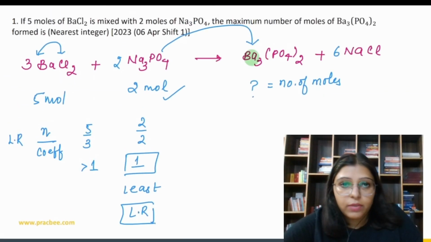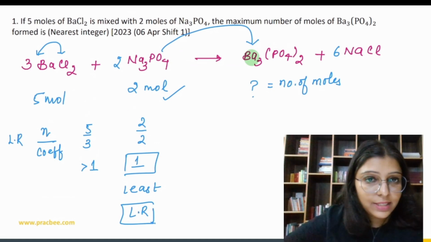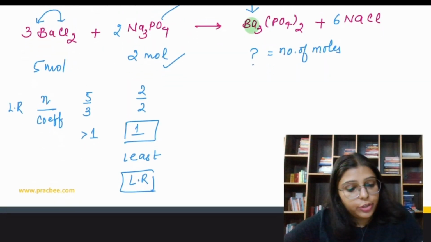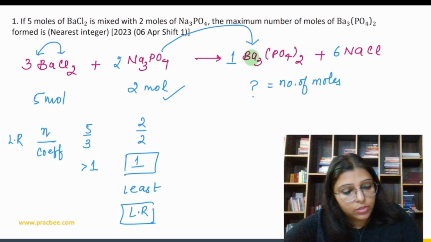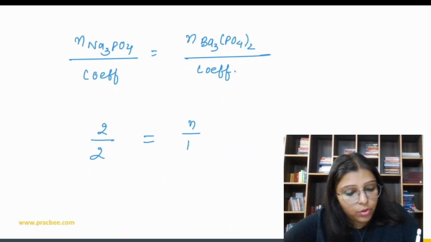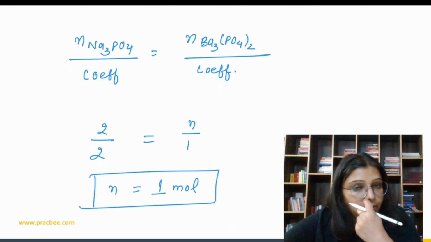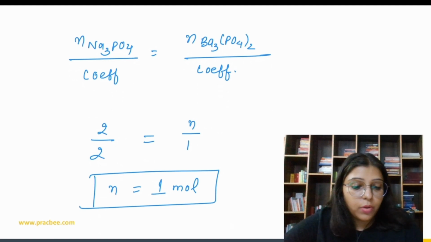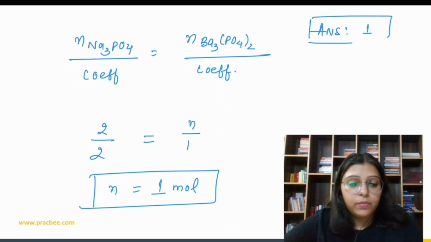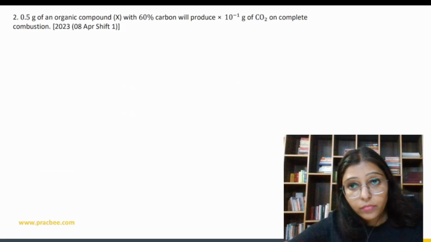Number of moles of barium phosphate we have to calculate. Let's take it as n, and coefficient is 1. So this is n upon 1. So here the answer is 1 mole. So moles of barium phosphate formed is equal to 1. So the answer is equal to 1. Okay, that's it. Now let's do the next question.